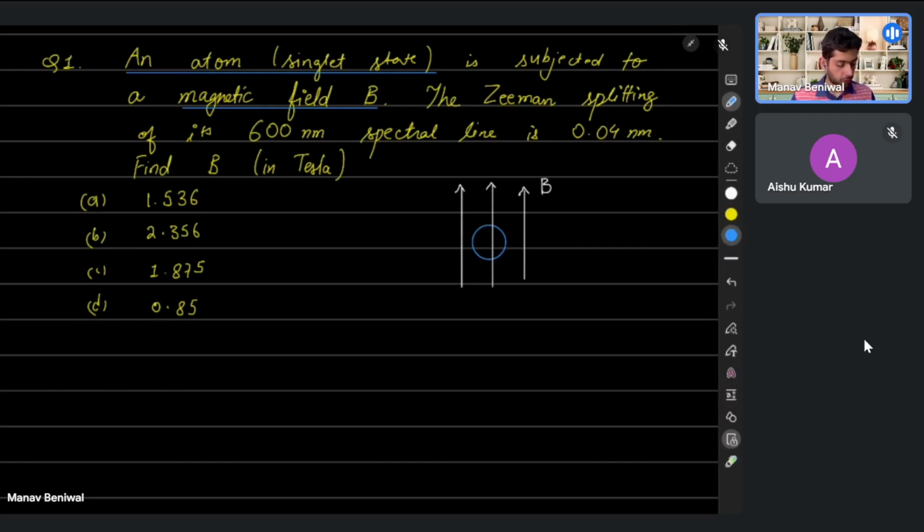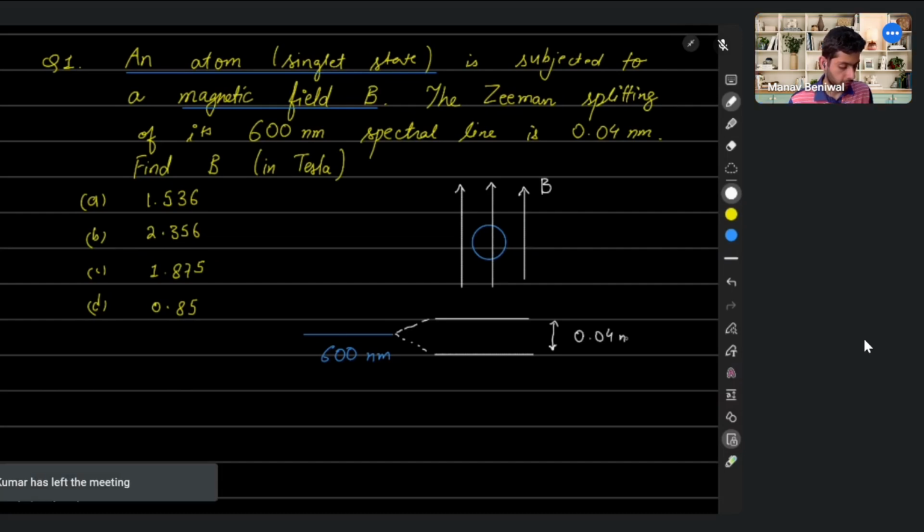Now, before applying the magnetic field, we had one spectral line, and this was observed at 600 nanometers. After we apply the magnetic field, this line gets split in two parts, and the separation between them is given to be 0.04 nanometers.